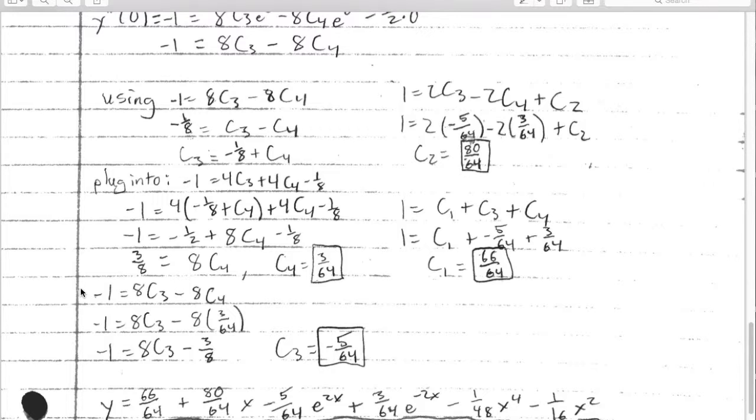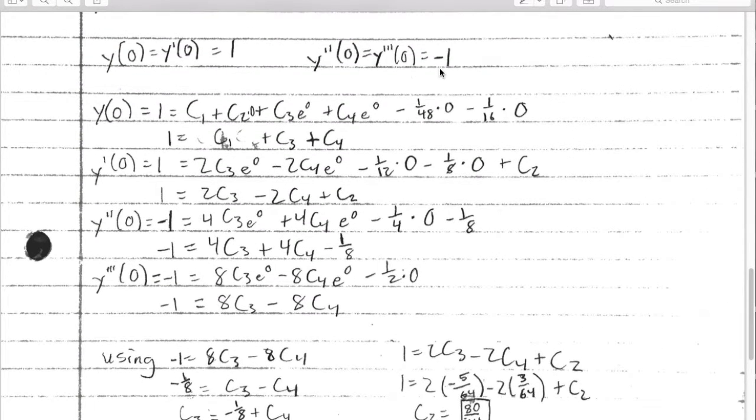After that, once we have c4, we can plug the c4 value back into the equation we were using, negative 1 equals 8c3 minus 8c4, and then solving for c3, we get negative 5 over 64.